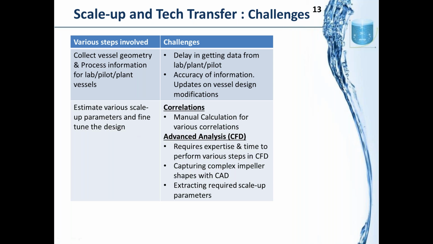However, using numerical models requires expertise in carrying out the different steps involved, like preparation of the CAD model, then the meshing operation where you split the domain into a very large number of small cells and then do the computation at each and every cell. Then it requires time as well to perform all these steps, and the process engineers may or may not be experts in doing these various steps.